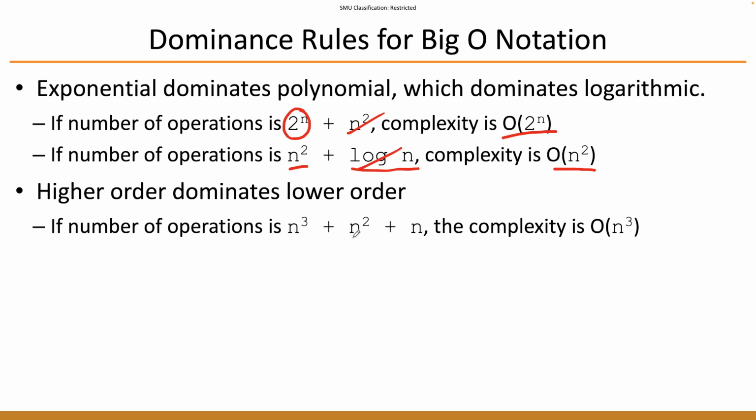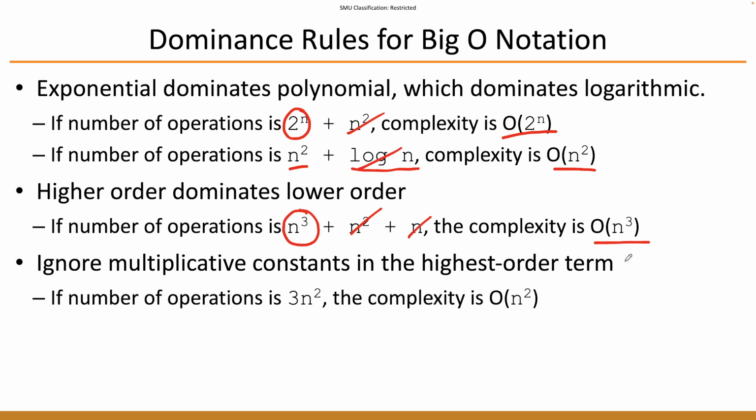All of them are in the class of polynomial. But if you look at the order, this n cubed term will definitely be growing the fastest, right? So when n grows large enough, eventually it will shadow n squared and n. These two terms eventually become not important at all. So the highest order term is n cubed, and when we write the complexity, we only need to use the n cubed term.